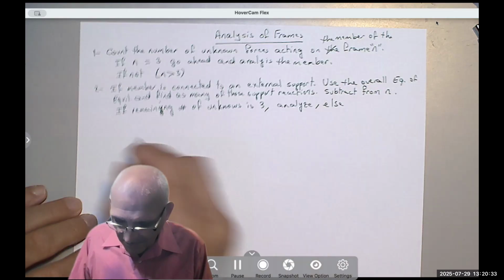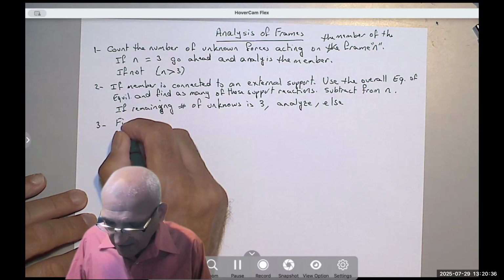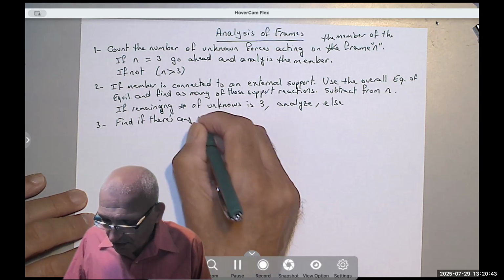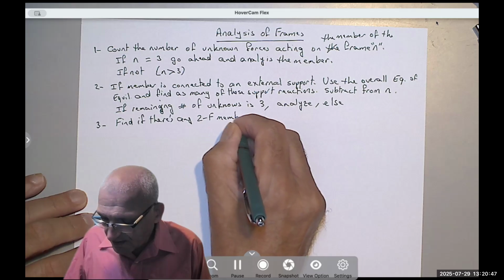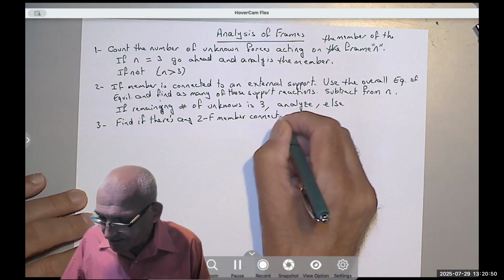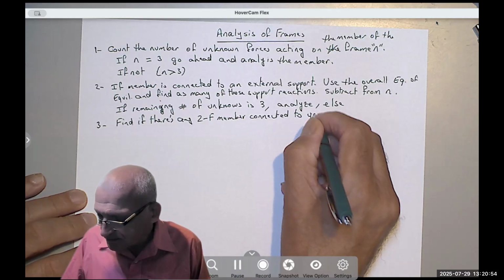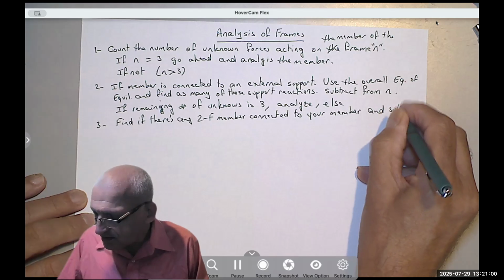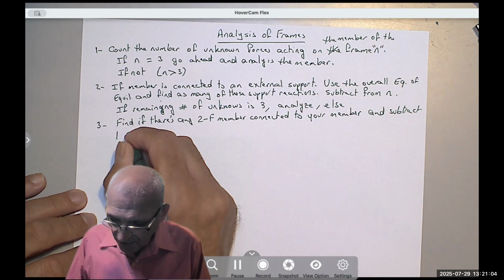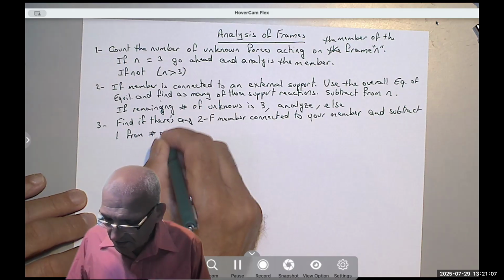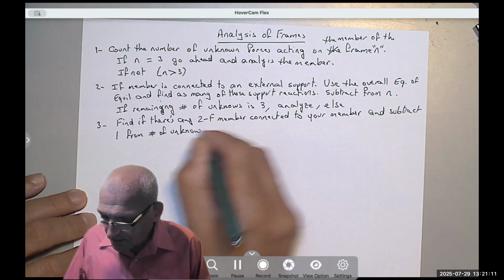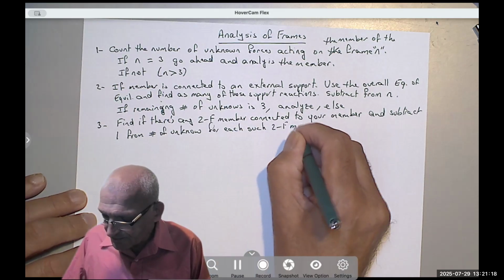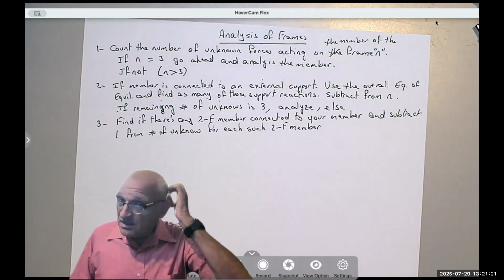Else, if it's still more than three, then find if there's any two-force member connected to your member and subtract one from the number of unknowns for each such two-force member. Because a two-force member is connected by a pin.